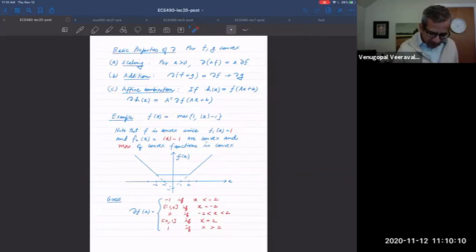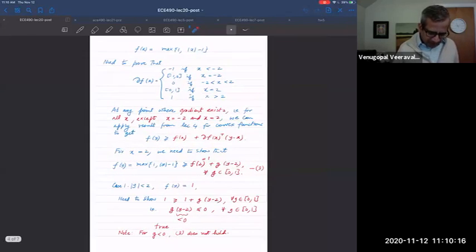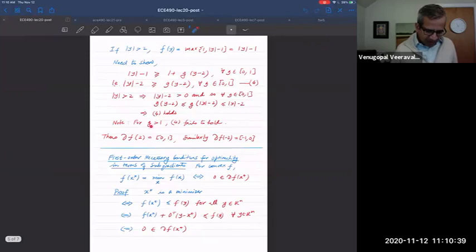Now, the other example that we did, the same thing. We identified subgradients at this point. Everywhere else, the gradient exists. But just to make sure that the subgradients are only the points between 0 and 1, you can easily check that if g was less than 0, then this condition will not hold. And similarly here, if g is bigger than 1, this condition does not hold. So the only candidates for subgradient are between 0 and 1 for this example at point 2. And similarly you can do this for point -2.